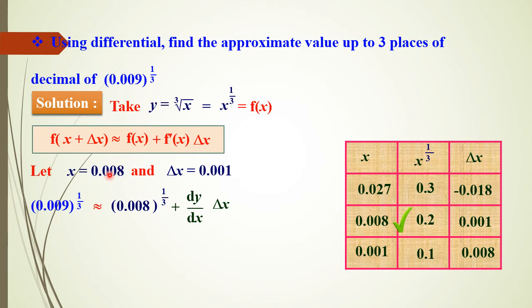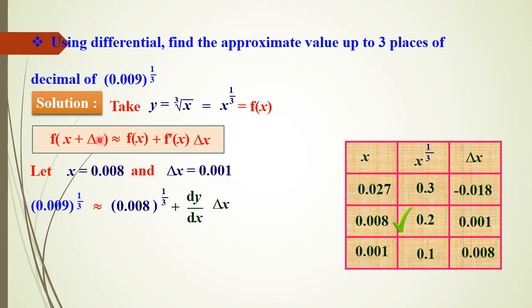Therefore when simplifying this problem, x must be 0.008, delta x must be 0.001, because it is not minus; after adding it with 0.008 we should get back our given approximate value, that is 0.009. Therefore x is 0.008, delta x is this much.